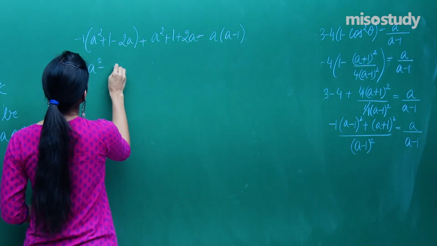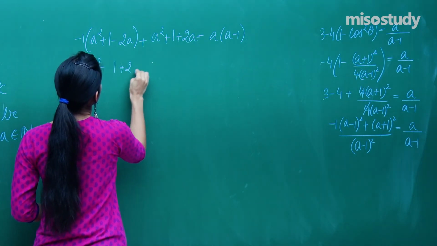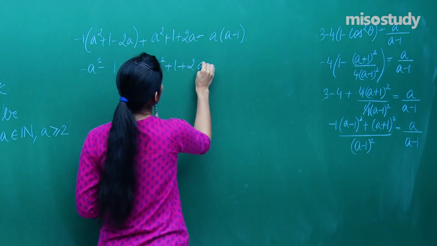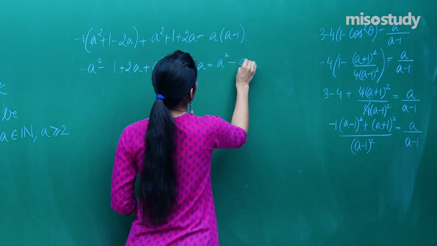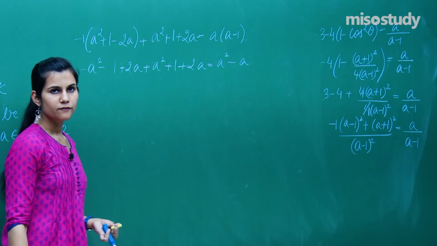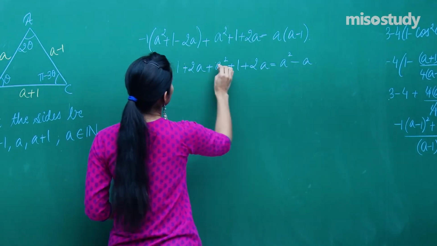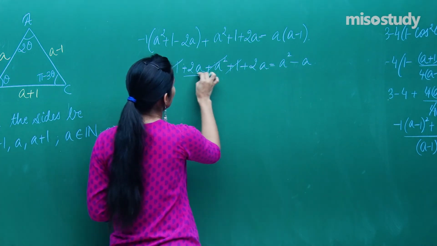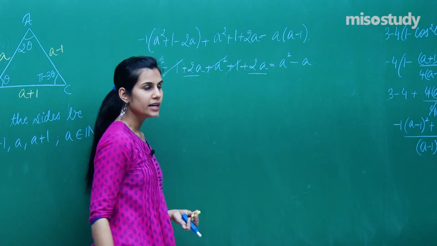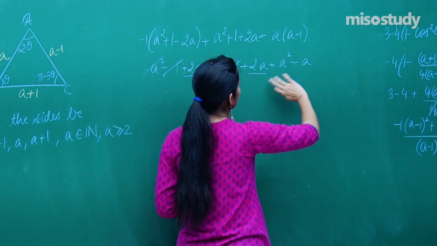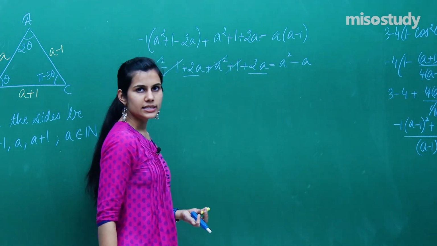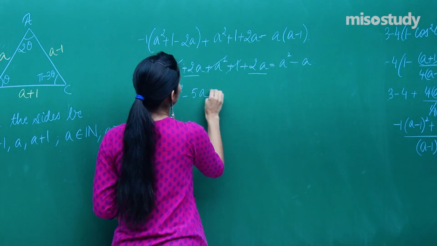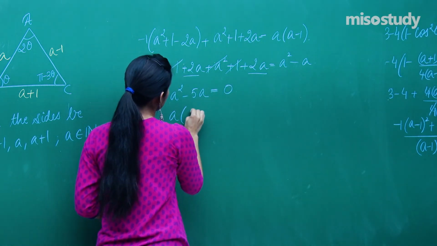Minus a square minus 1 plus 2a plus a square plus 1 plus 2a equals a square minus a. Fine. Minus a square plus a square gets cancelled. Minus 1 plus 1 gets cancelled. You have 2a plus 2a, that is 4a. So you get a square minus a minus 4a equals 0. That means a square minus 5a equals 0.